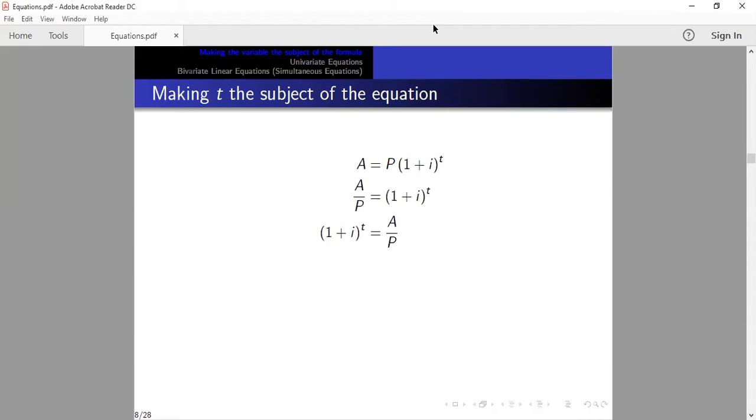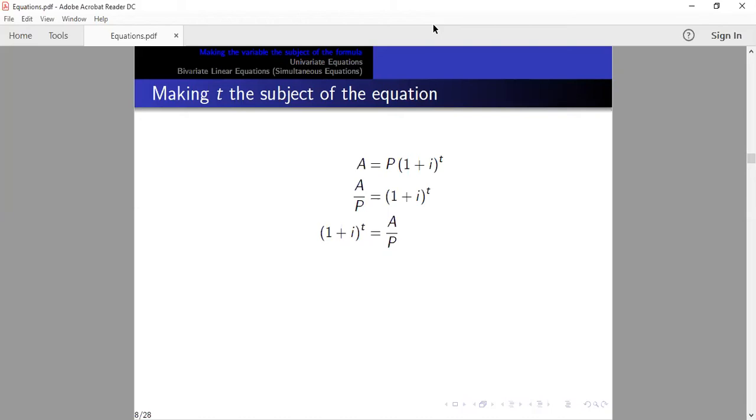Now, here's the problem. We now have t. What are we going to do with t? We cannot solve for t as long as t is the exponent.